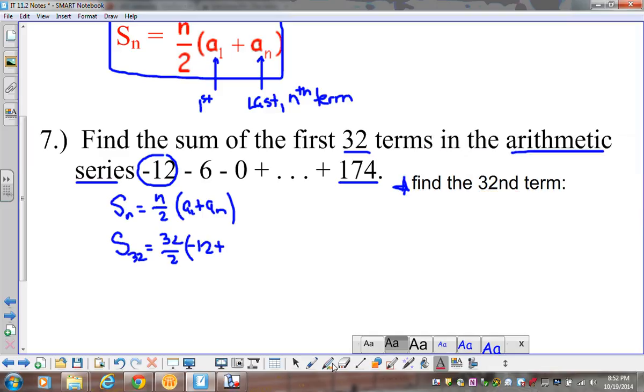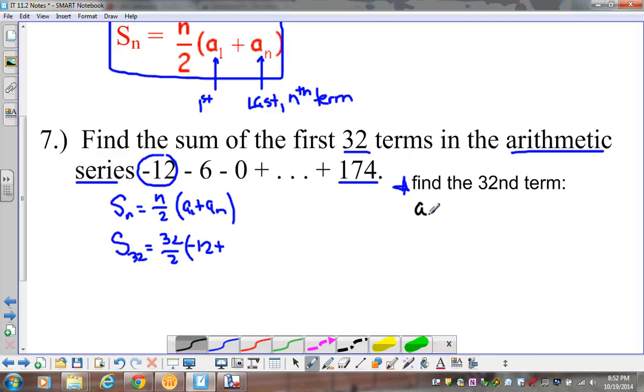So to find my 32nd term, because it's an arithmetic series, I can use my arithmetic sequence formula. My 32nd term, a sub 32, equals my first term, which was negative 12, plus a sub 1 plus n minus 1 times the common difference. My n value for my 32nd term is 32 minus 1 times my common difference.